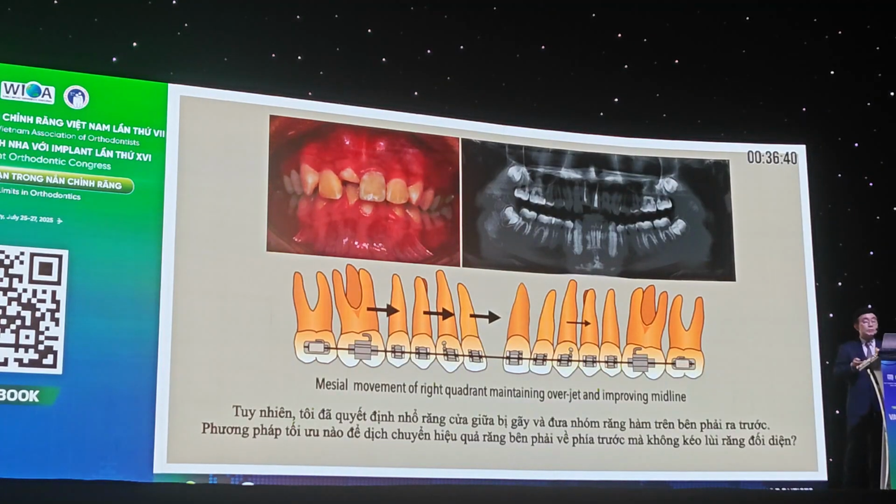What would be the optimal method for effectively moving the right teeth forward without retracting the opposing teeth?